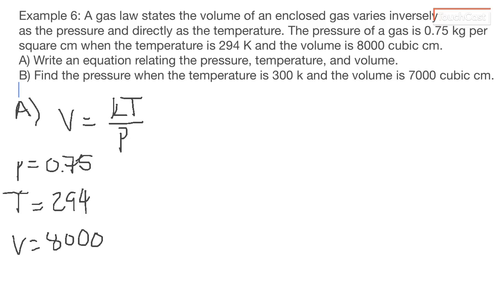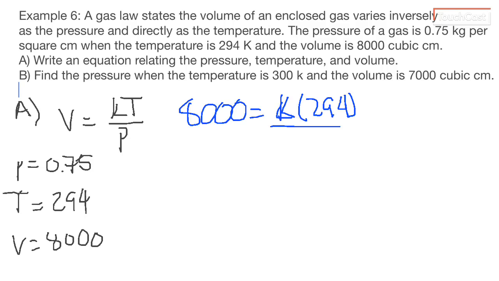So we're going to take these three values and plug them into the equation we have. So we have 8,000 is equal to K times 294 divided by 0.75. Now, to solve this, we can both multiply by 0.75 and divide by 294 at the same time.